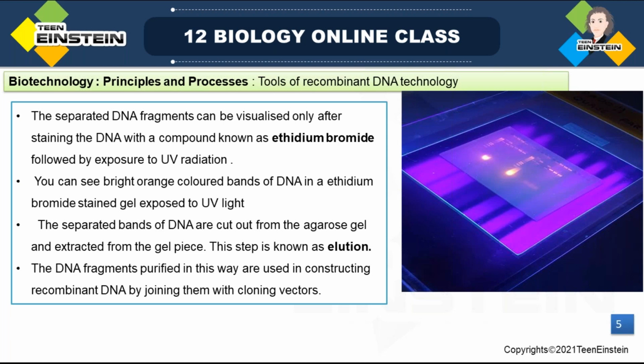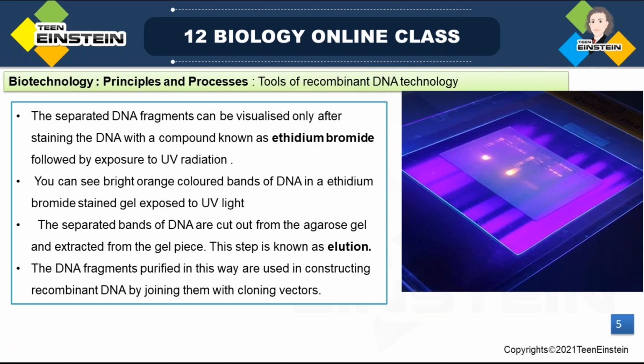First we need to do DNA electrophoresis, then separate the band, cut the band and extract it from the gel. What is that called? It is called elution. Extracting, cutting and separating it from the gel is called elution.